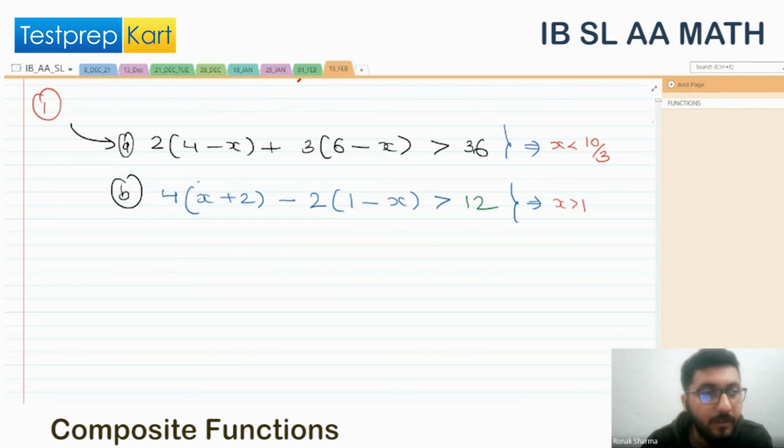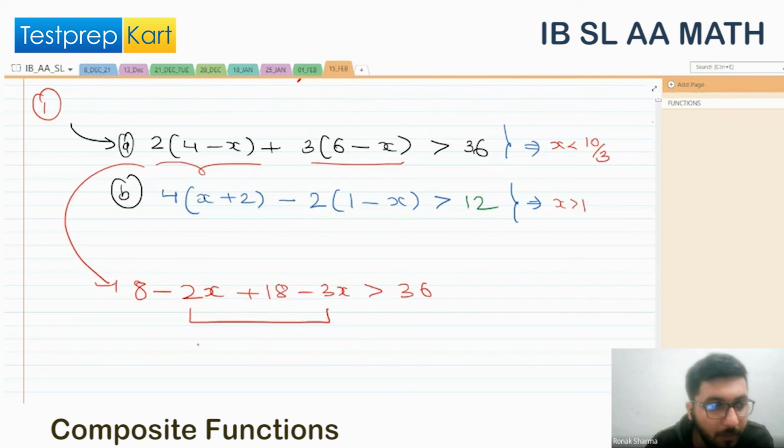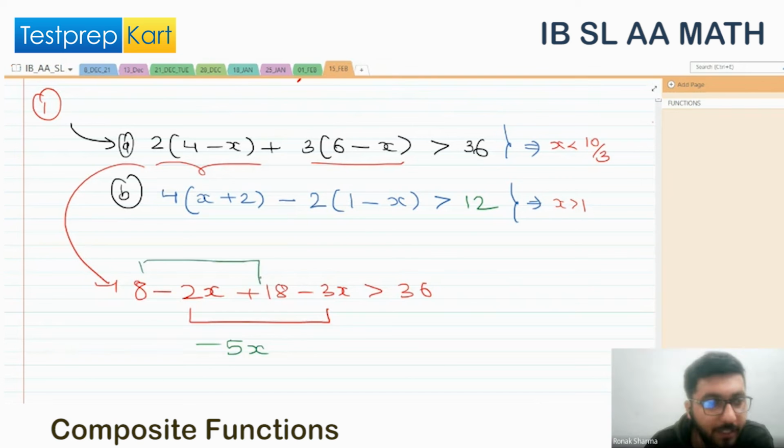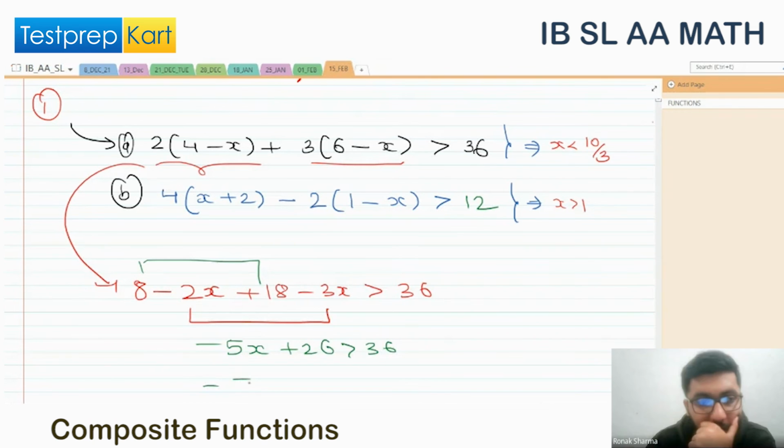Let us see. Here, 2 times 4 minus x will become 8 minus 2x, and 3 times 6 minus x, that means 18 minus 3x, greater than 36. Minus 2x minus 3x will be minus 5x. 8 plus 18 is 26. So minus 5x greater than 36 minus 26.